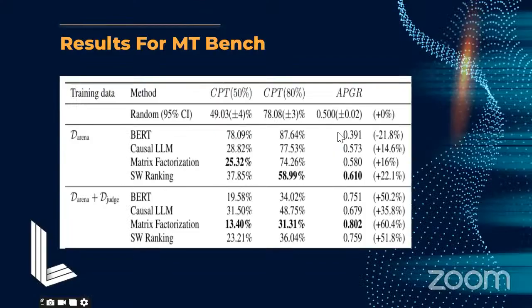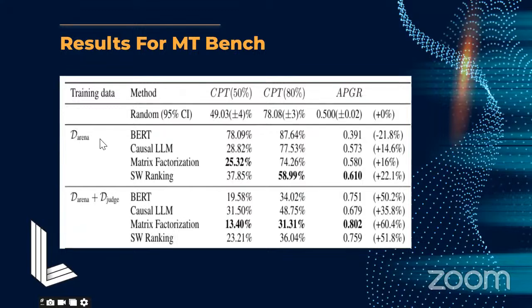Let's see how to read these results for the MT-Bench. The random router performs at 49.03% when the CPT threshold is 50%, and 78.08% when the CPT threshold is 80%, and the APGR is 0.5.